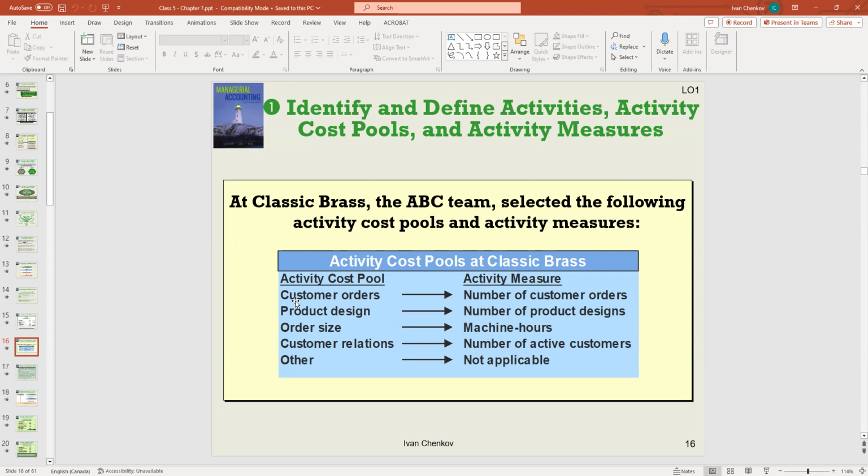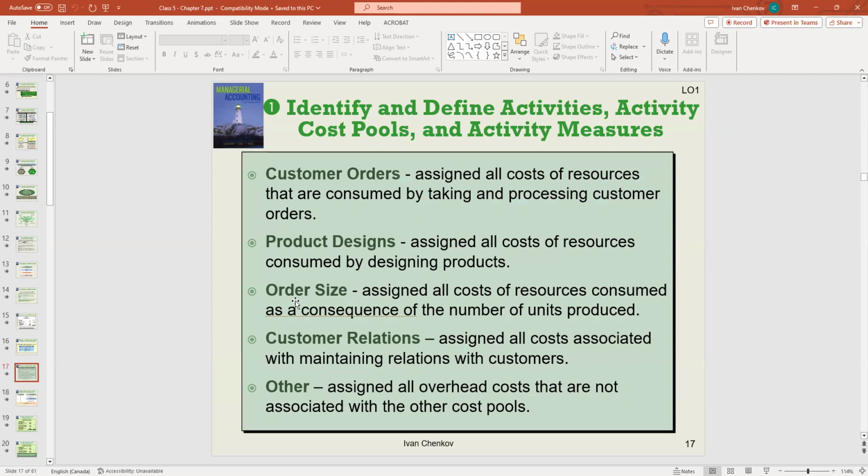For order size, we're going to use a duration driver, which will be machine hours. For the customer relationship, we're going to use a transaction driver, which will be the number of active customers that we currently have in our company. That's the explanation for the customer order, product design, order size, customer relationship, and other.